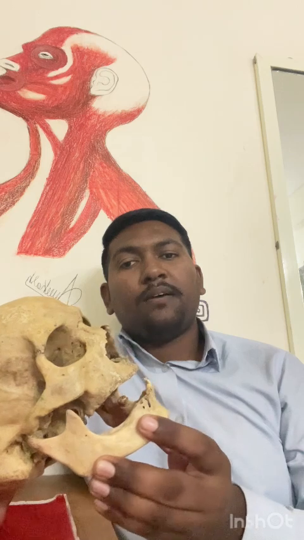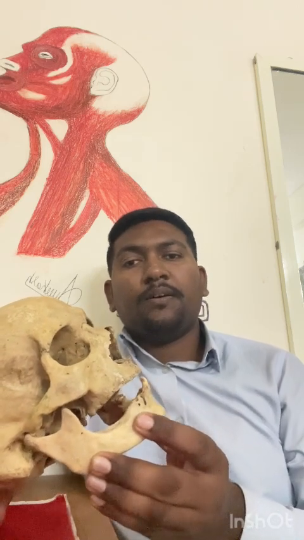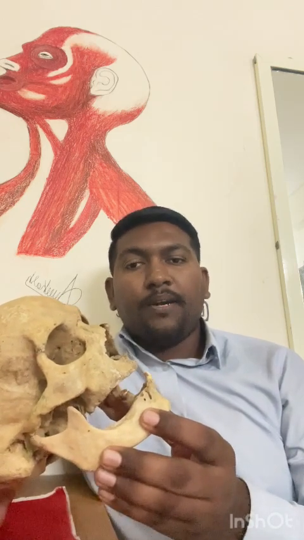This is by the lateral pterygoid muscle. And this is the protraction of the mandible. This action is produced by the medial pterygoid muscle and also the lateral pterygoid muscle.